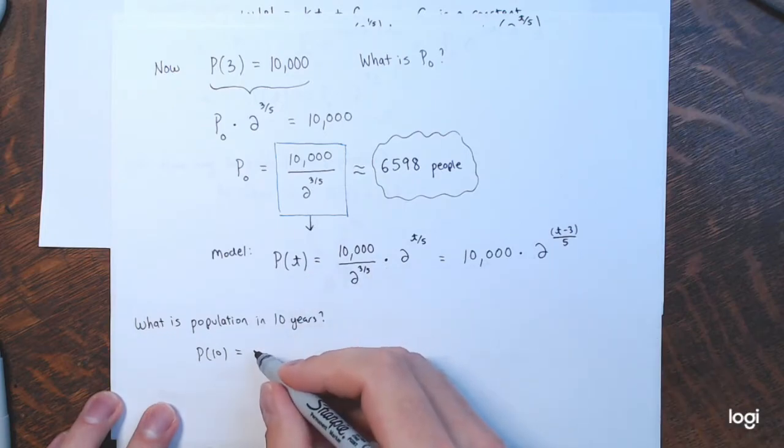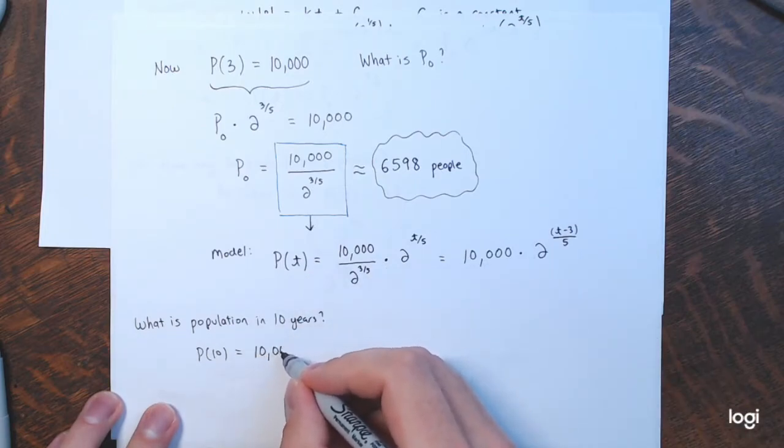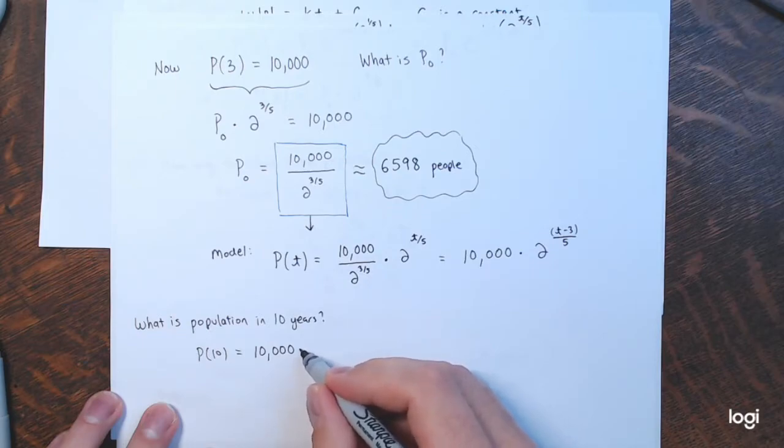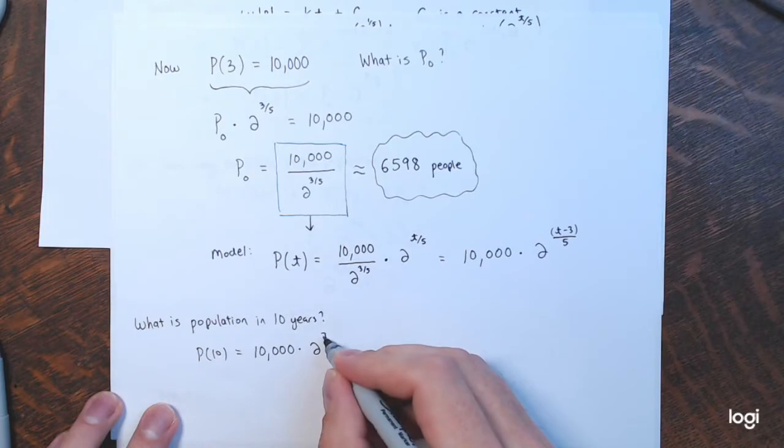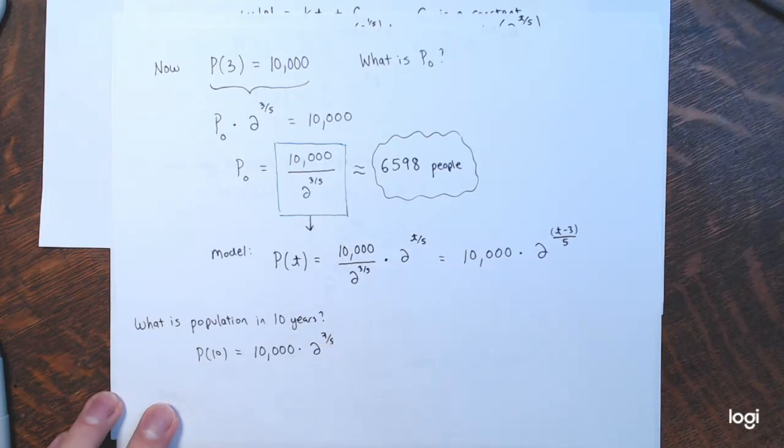So this would be 10,000 times 2 to the 10 minus 3 over 5, so 7/5. So 10,000 times 2 to the 7/5. And since this is people, can't have a fraction of a person living, I'm going to round this to the nearest person.